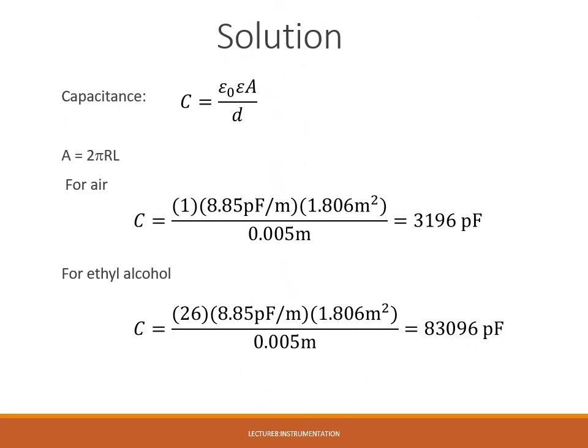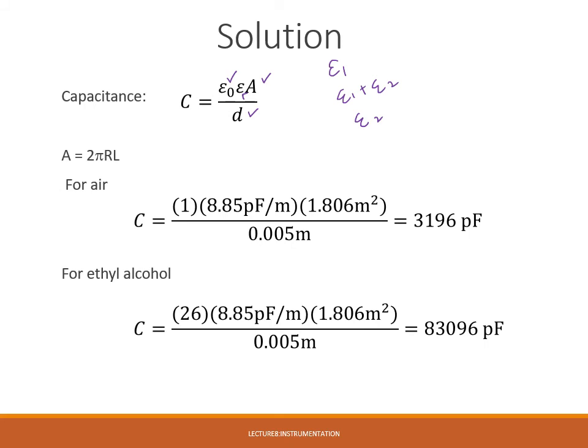The only changing variable is epsilon r. A is fixed, D is fixed, epsilon naught is fixed, so it only depends on epsilon r, either only epsilon 1, or epsilon 1 plus epsilon 2, or only epsilon 2.